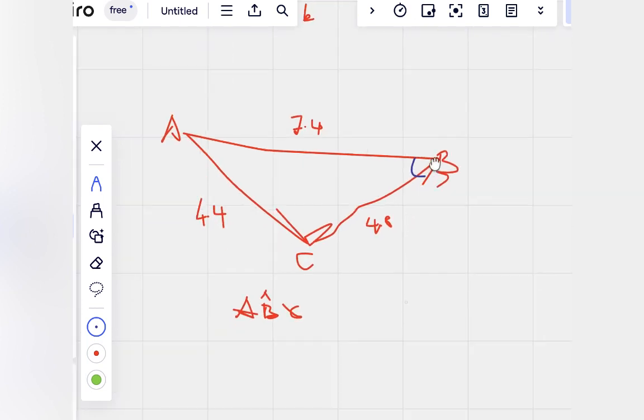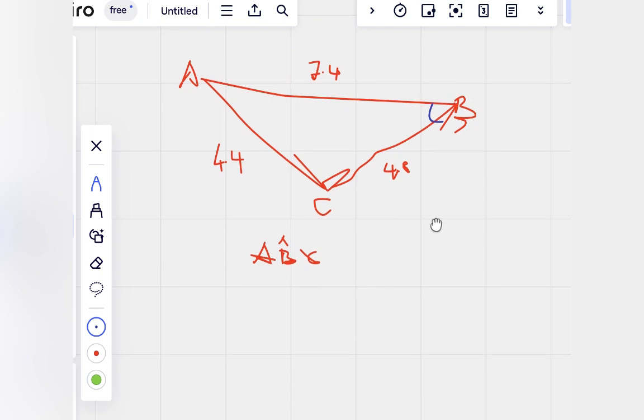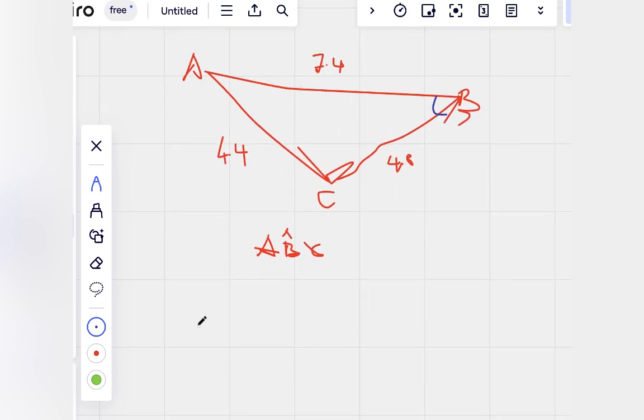We use the cosine rule. Once you know the three sides and you're looking for any of the angles, you use the cosine rule. Angle B is equal to cos inverse, that is cos raised to power minus 1, that's the meaning of cos inverse.